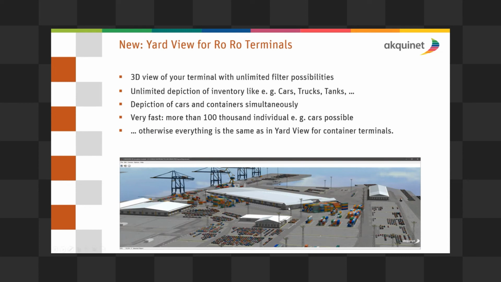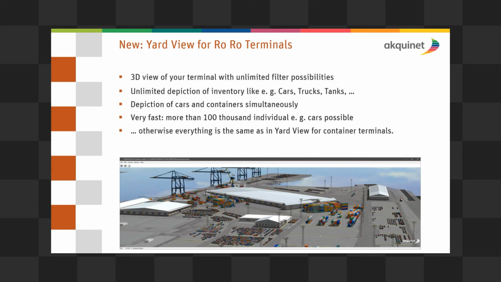Yes, of course. As I just mentioned, yard view for roll-on, roll-off terminals, maybe a few more details. This is what you can see here down on the screen, a 3D view of a terminal. Of course, as in container operation, you have unlimited filter possibilities.